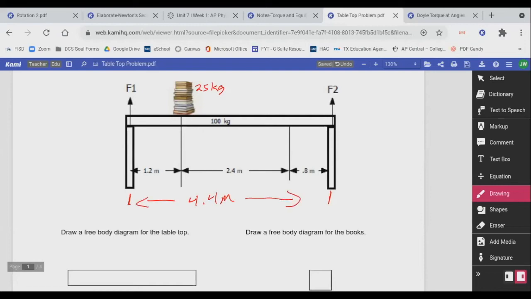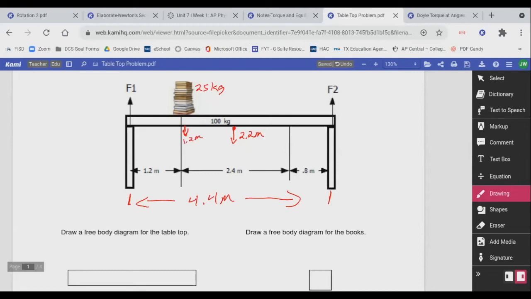So that means that right here, where my force of gravity is going to happen, this is the 2.2 meter mark, because that's the middle. If the whole span is 4.4, then I know where force of gravity is at the center of mass. That's going to happen at the 2.2 meter mark. And then the force of the books will be right here at the 1.2 meter mark.